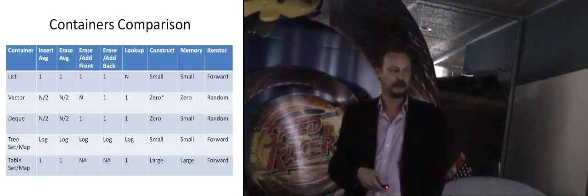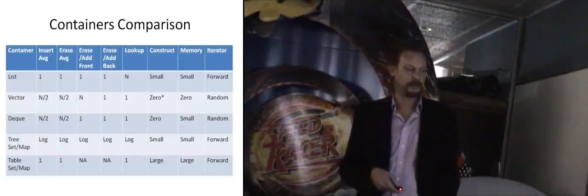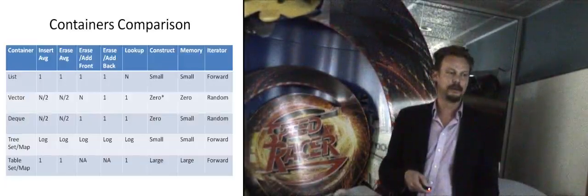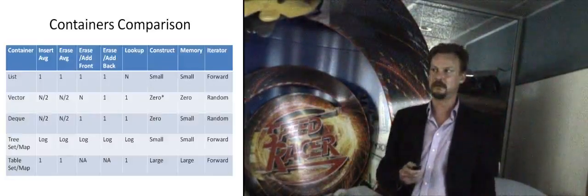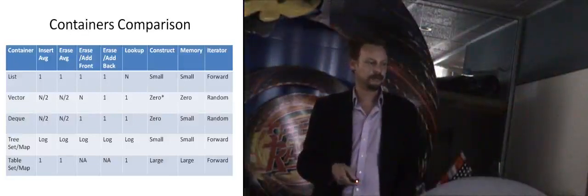A list is just a degenerate tree, and they're very similar internally. So all it needs is a node, and it needs to do nothing to construct it. Like a list, it's only got left, right, and parent pointers. Not much, and iterator types are forward.